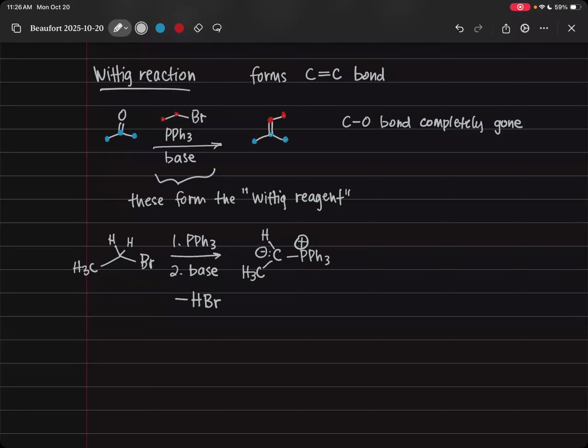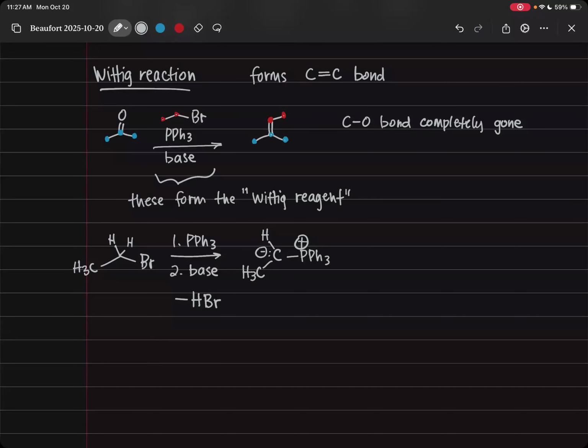Well, we formed a bond between the central carbon and the phosphorus of the triphenylphosphine. That's that bond there. And immediately after that, we're not going to do the mechanism of this part, but then this carbon is only ending up with one hydrogen, and we lose the bromine.